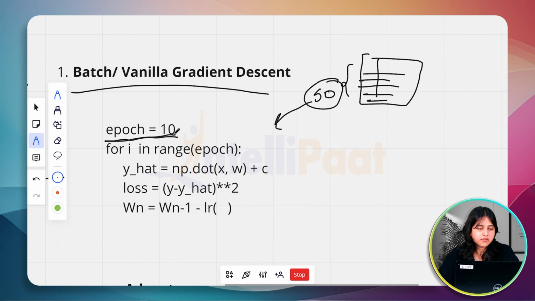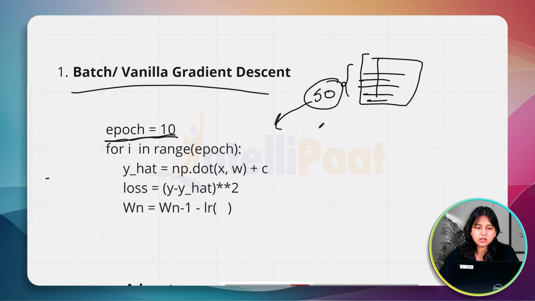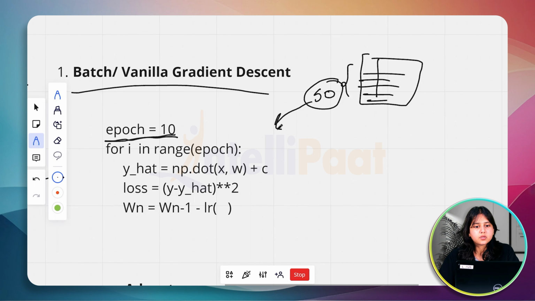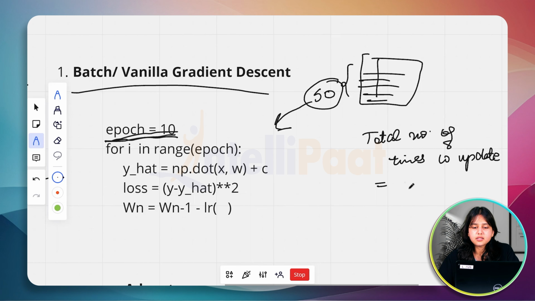The number of epochs are defined over here. Epochs is basically the number of times our data set is passed in the algorithm, right? So we have 10 epochs, in which 50 data points are going to be passed in at once. So in batch descent, the total number of times our weights are updated is equal to the number of epochs.